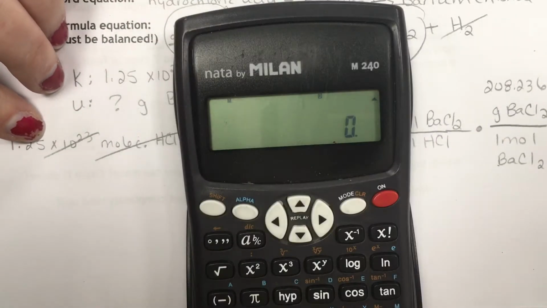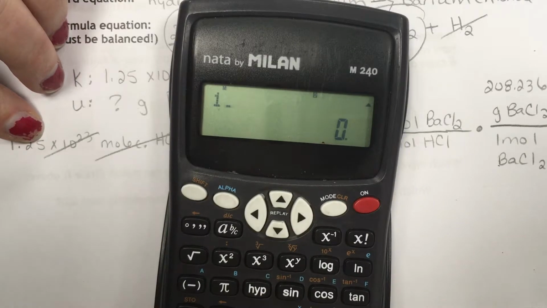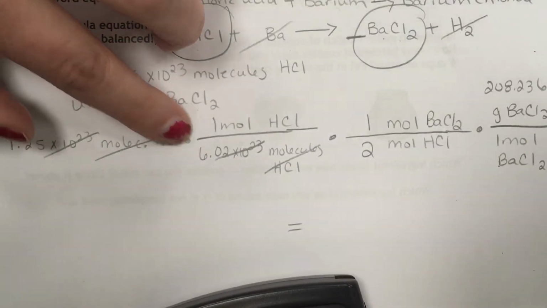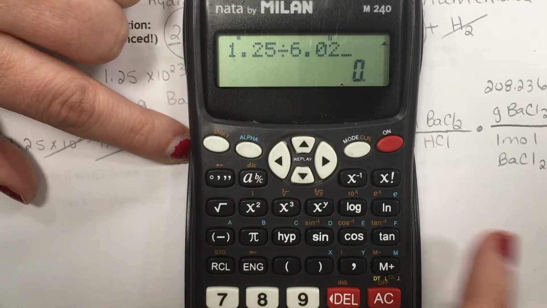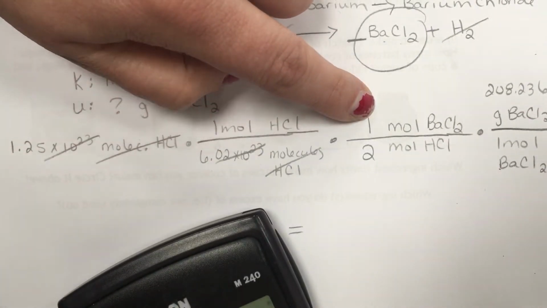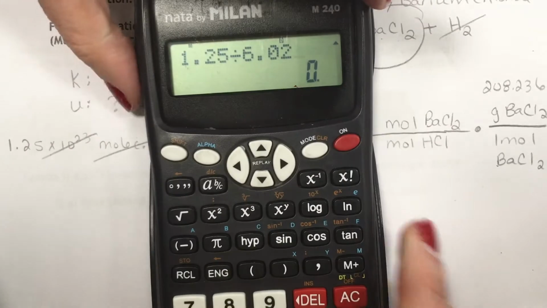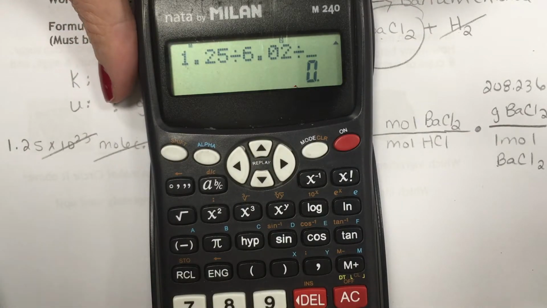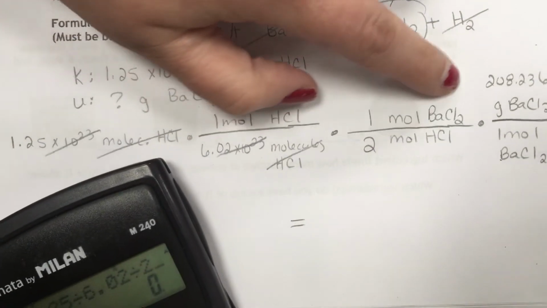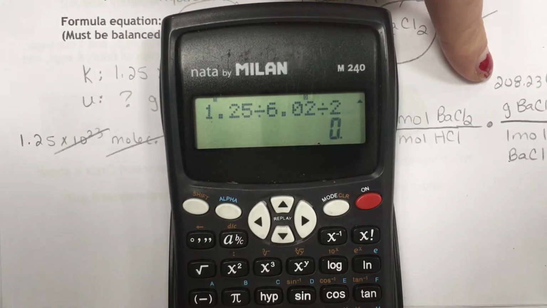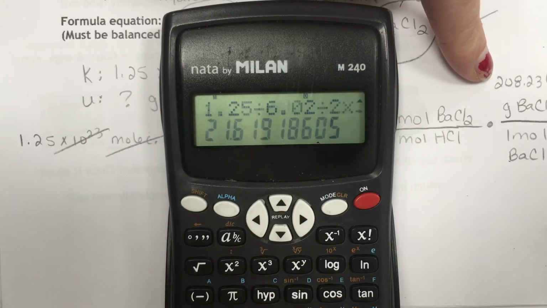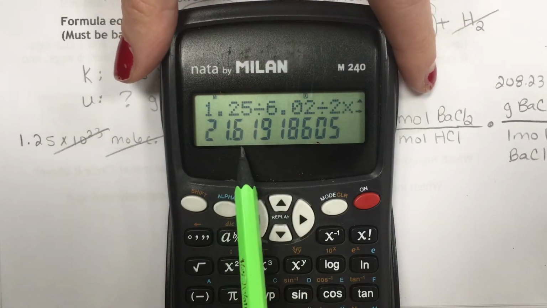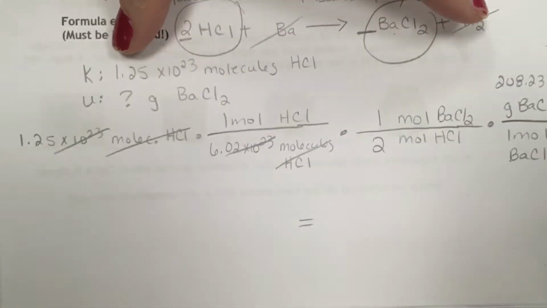So 1.25 divided by 6.02. We don't have to do times 1. Divided by 2 times 208.236 equals 21.619.